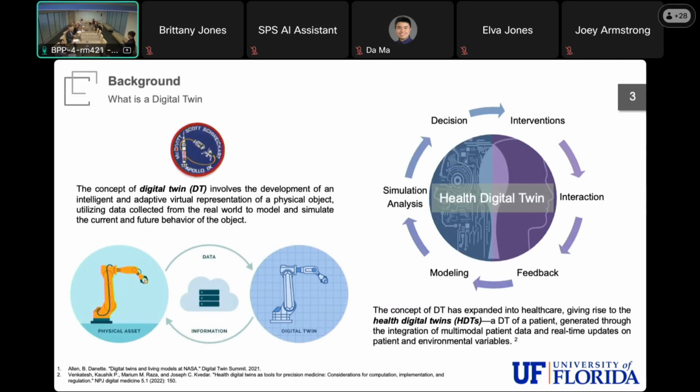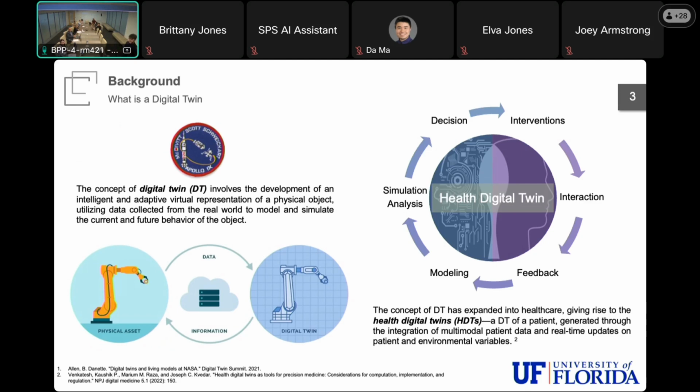Later, in 2010, NASA's John Vickers introduced the term digital twin to describe a virtual representation of a physical system. The original digital twin consists of three components: a physical system, its virtual counterpart, and a connection for real-time data exchange. This connection ensures that the virtual representation keeps up-to-date information of the physical system.